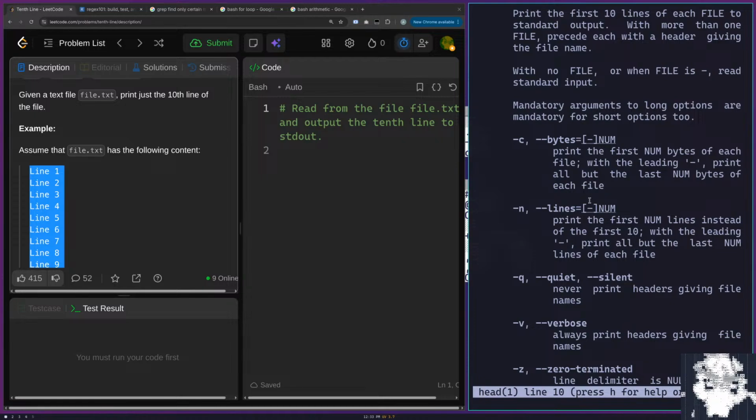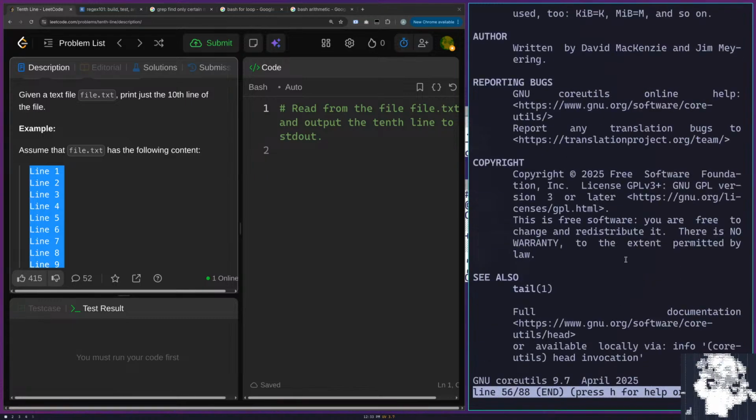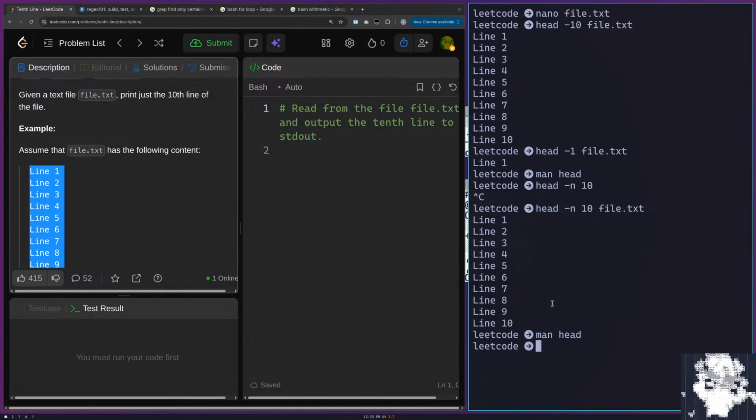With the leading minus, print all but the last num lines. Is there a tail? There is a tail. So here's what you can do.